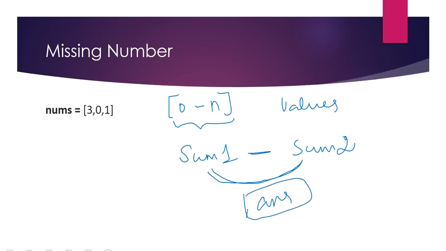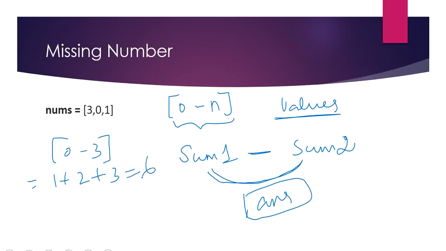Yes, it is definitely going to be from the range 0 to n, and only one number is missing, so the difference is going to give that number to us. So in this example, it should be from the range 0 to 3. The total sum from 0 to 3 is going to be 0 plus 1 plus 2 plus 3, which is 6.